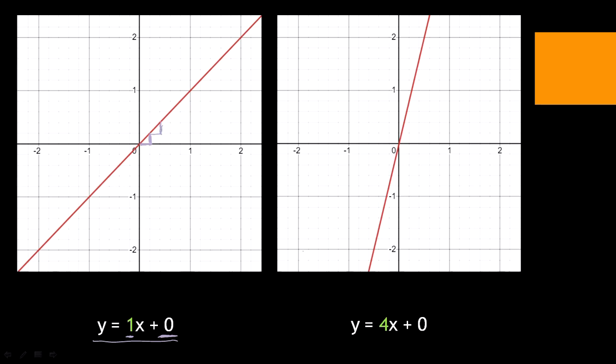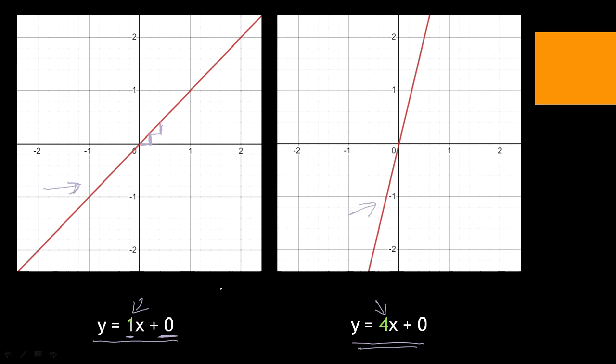Now furthermore, I have here y equals 4x plus 0. If we compare the two, what is the difference? Well, the difference lies in the m value, or the value of the slope. This has a higher slope, and that can be clearly seen in the graph also. This graph right here is much steeper than this graph, right?